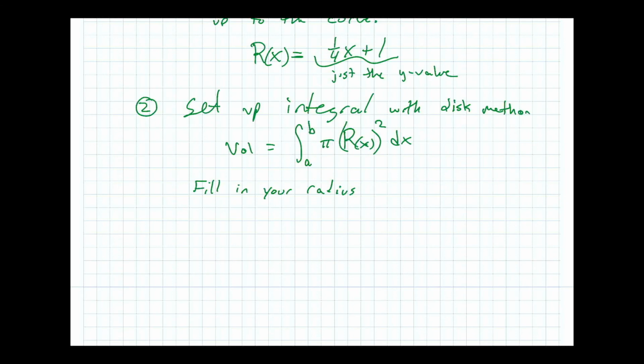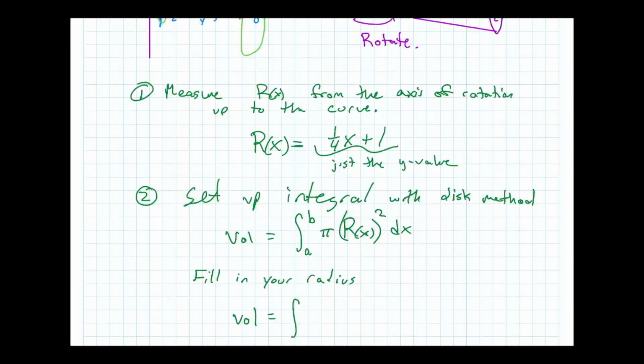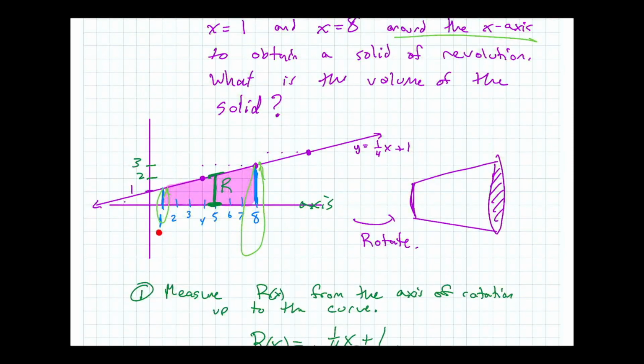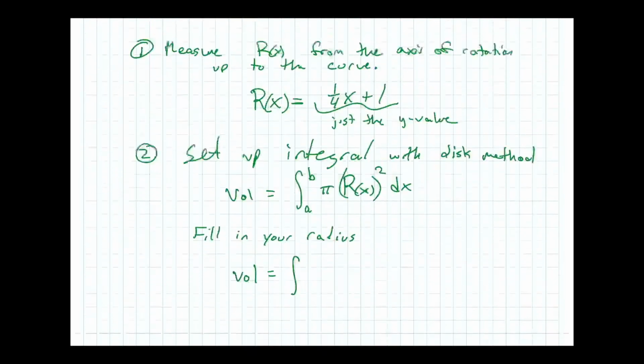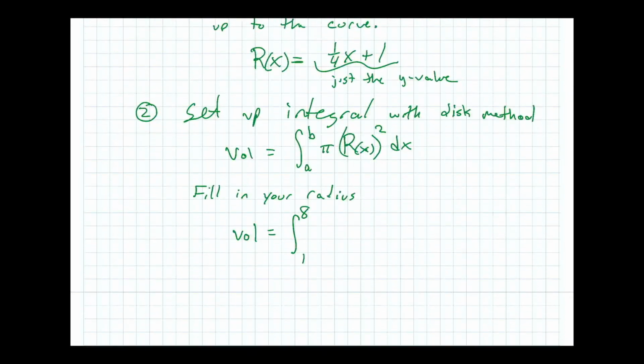We've only looked at disks, so that's why it's the disk method. I'll mention why momentarily. So let's see if we can fill this out. So what should we have for A and B? Hopefully you can see that they should be 1 and 8, right? We're going from 1 up to 8. Right? 1 to 8.